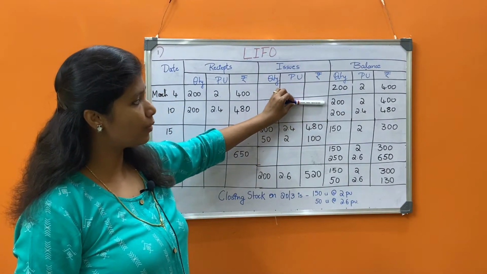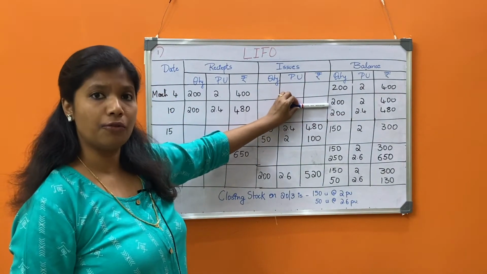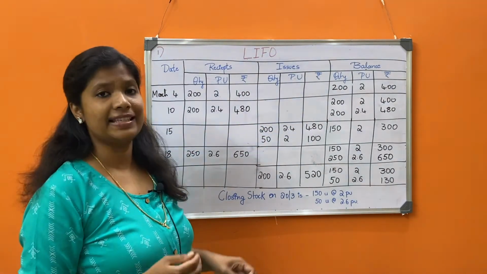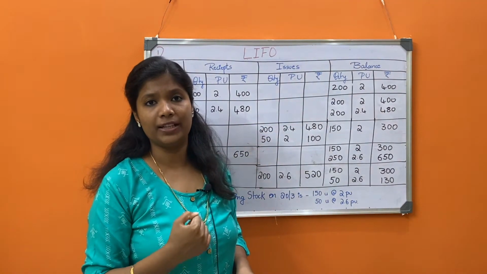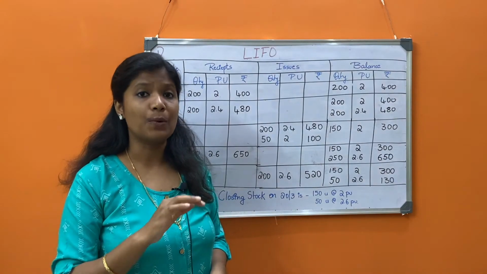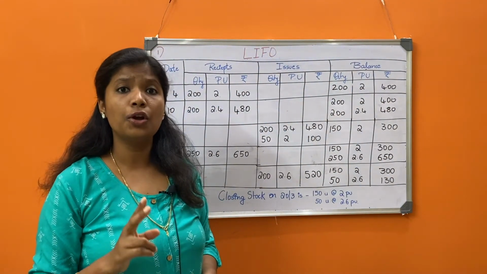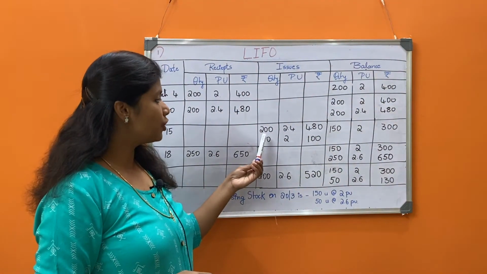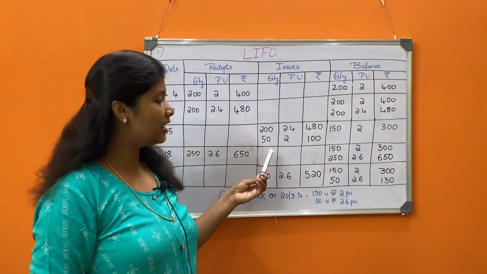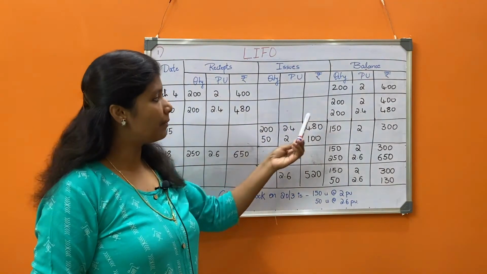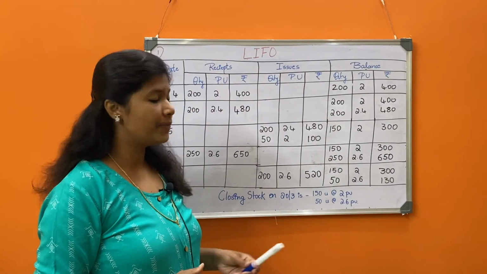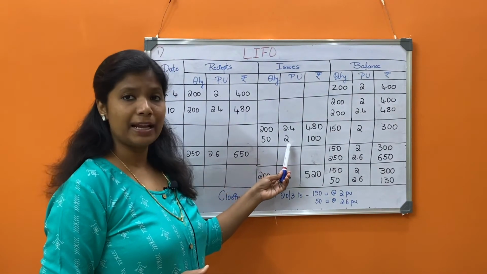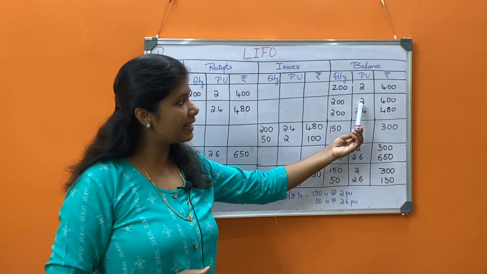Next, the leftover stock is 200 to 400. Out of this, the remaining 50 units have to be issued, because the total units to be issued is 250, out of which we have issued 200. So the balance 50 will be taken from the next stock. So 50 multiplied by 2, 2 is the rate given here.